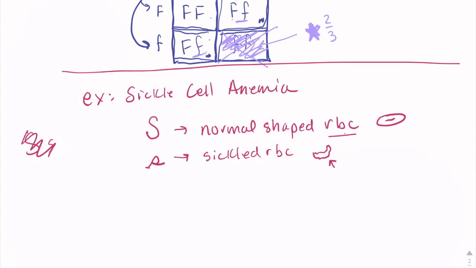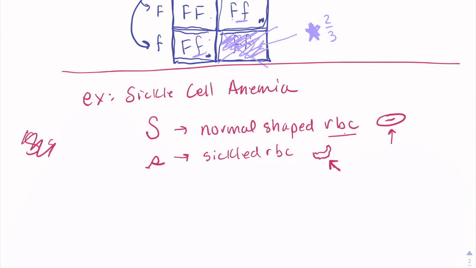This sickled shape does not carry oxygen very well. And you know what you need oxygen for. You need oxygen to get to all of your cells so that they can make ATP. I'm not going to get into that because we've been there. This one carries oxygen well. This sickled red blood cell does not carry oxygen very well.